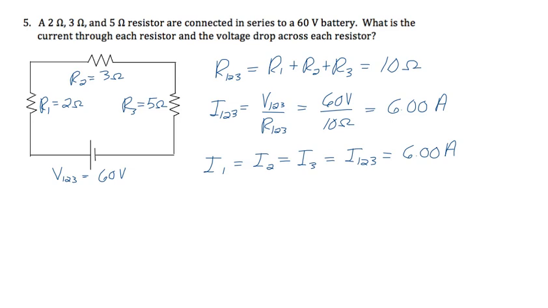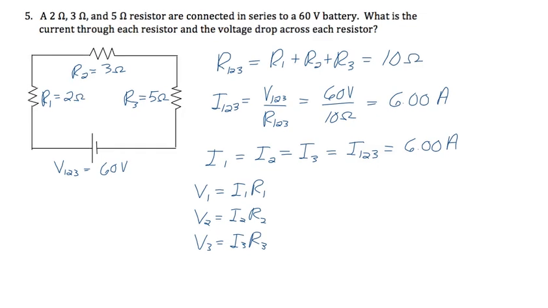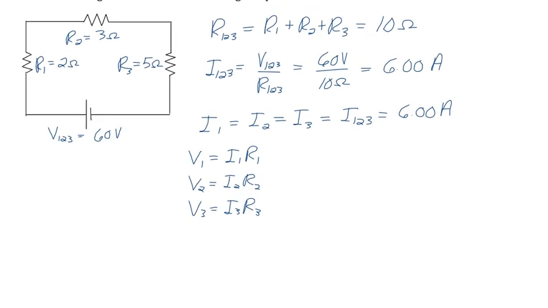So the next thing to solve for is that. So we're going to have V1 is going to be I1 times R1. V2 is going to be I2 times R2. And V3 is going to be I3 times R3. I solve it like I'm doing an assembly because I'm going to solve all 3 at the same time.